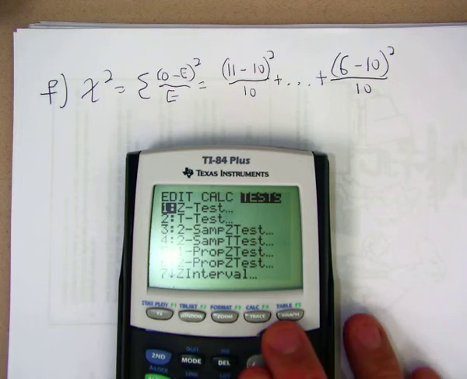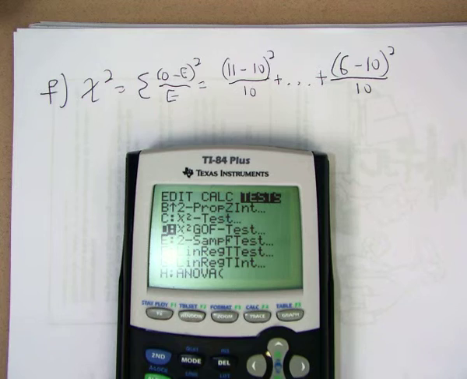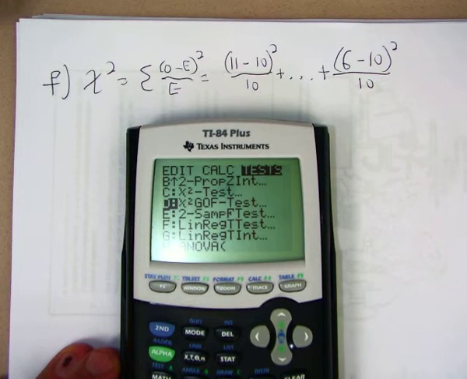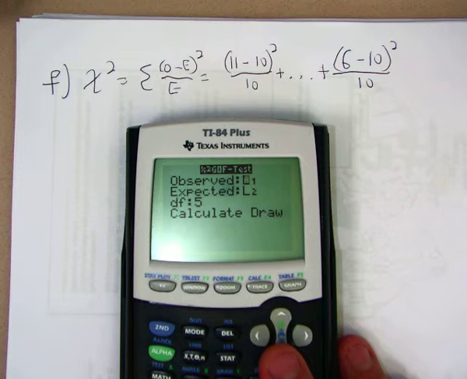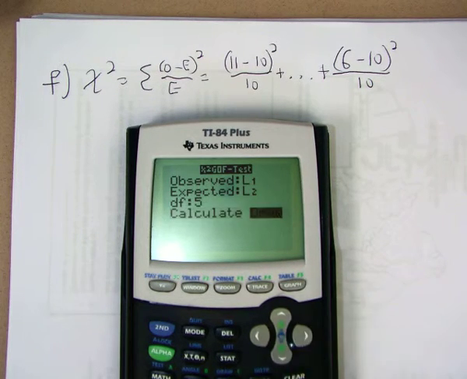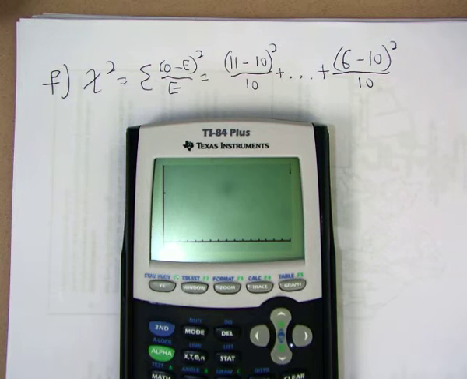Stat test, we're going to go to chi-squared goodness of fit test. So that is letter D. And my observed is in L1, my expected is in L2. I have 5 degrees of freedom, and I wanted to draw that. So that's what that winds up looking like.